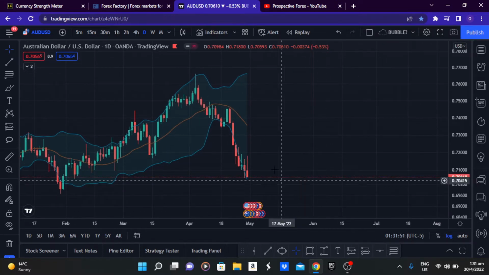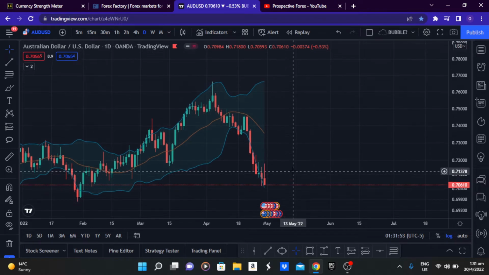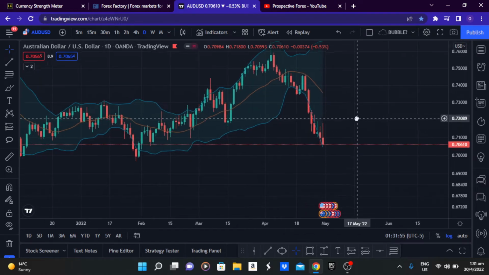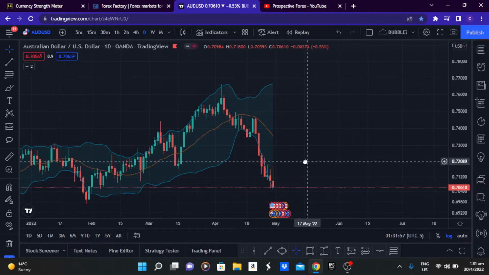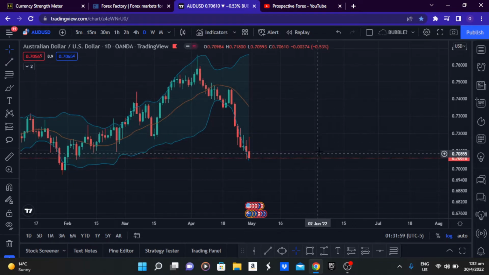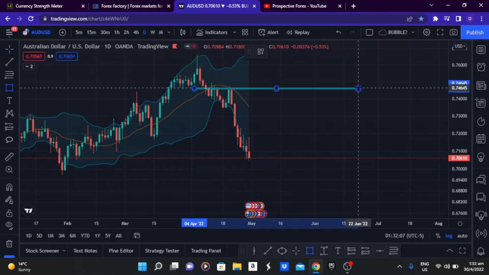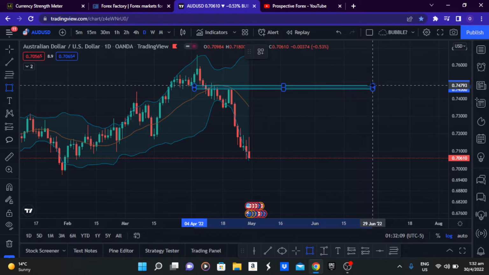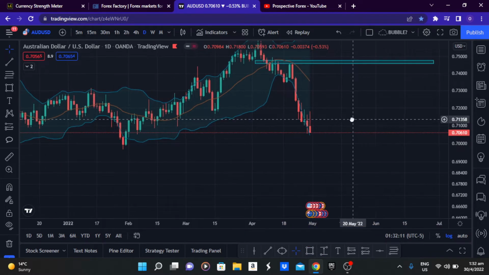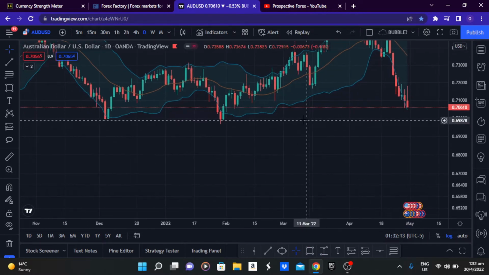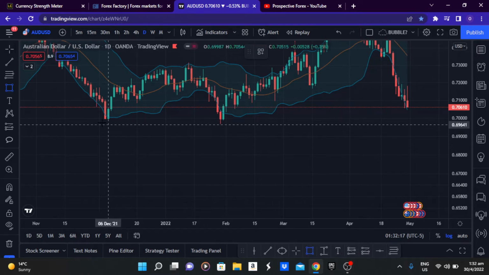So basically, what I'm going to do is identify support and resistance levels that I'm seeing here. Here's a resistance right here. There's a resistance right here. There's also a support right here.